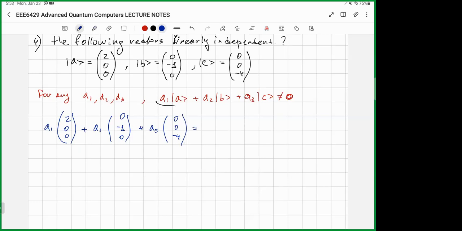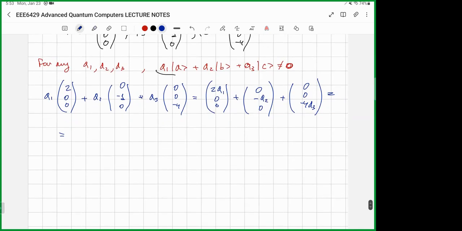So the product of the constant a1, for example, by the vector, we take the product of each component of the vector by this constant. So we get 2a1 0 0, plus, this is the first vector, second one 0 minus a2 0, plus 0 0 minus 4a3, right?